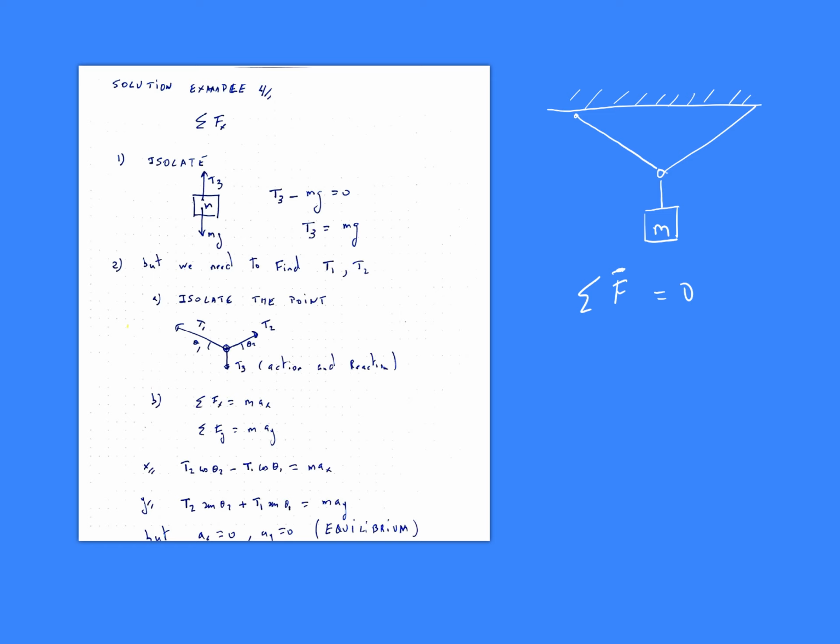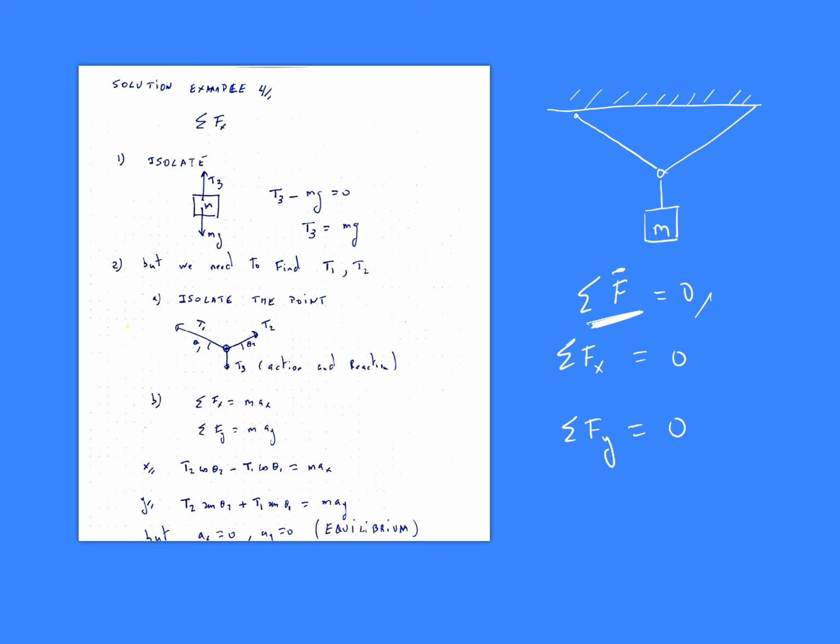This sum of forces can be interpreted as the sum of all the forces in the x direction and the sum of all the forces in the y direction. They are both zero, because if the total vector force is zero, then the sum in the x direction is zero, and the sum in the y direction is zero.